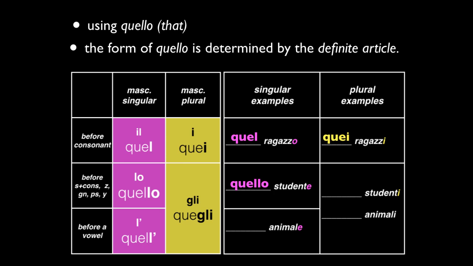But at any rate, the quello there will come up before S plus consonant, Z, and a bunch of other sort of less common words like lo yogurt, so quello yogurt. In front of a vowel with words that are masculine, like animale, you're going to use quell' with a double L. And both of those will become quegli. So quegli studenti e quegli animali.